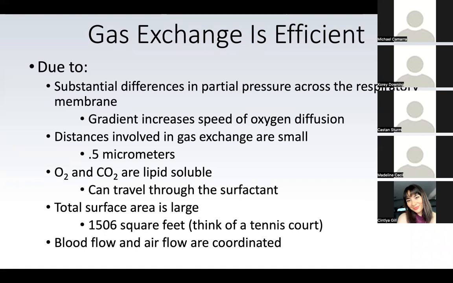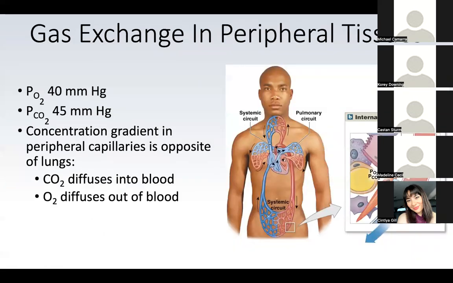We need blood flow and airflow to be carefully coordinated, because whenever we bring oxygen into the lungs, it needs to match the flow of blood that's flowing through the capillaries and the pulmonary circuit so that we can maximize gas exchange and respiratory gas flow.